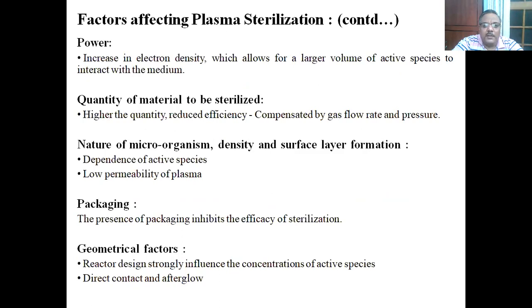The power also influences the electron density. The quantity of material to be sterilized, because the more surface area, the more plasma you will require. The nature of the microorganism, the density and the surface layer formation, and the packaging and geometrical factors.